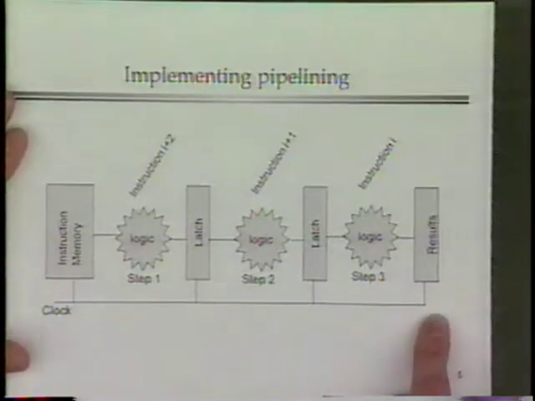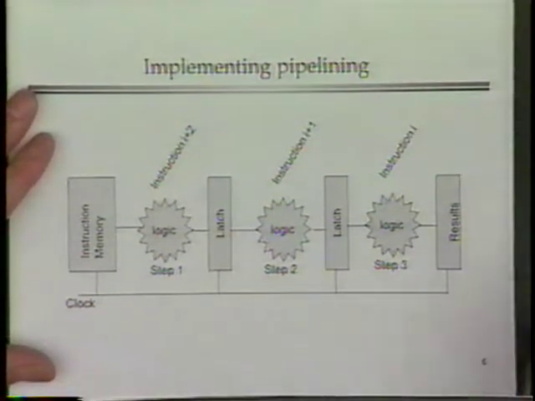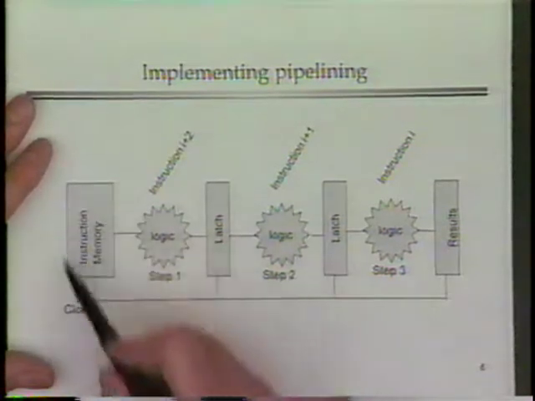Let's look at what this pipelining means by looking at a simple 3-step pipeline for some processor. As before, we have instruction memory.